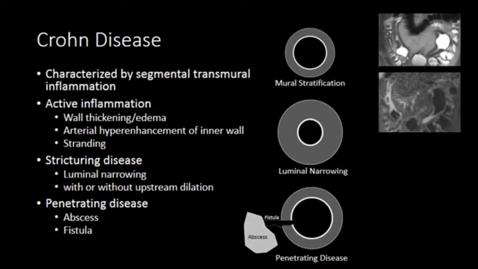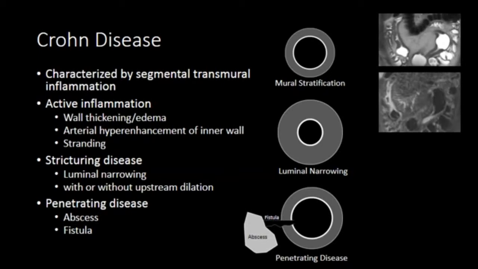Crohn's disease is characterized by skip lesions or segmental transmural inflammation. We can break Crohn's disease down into three basic components.